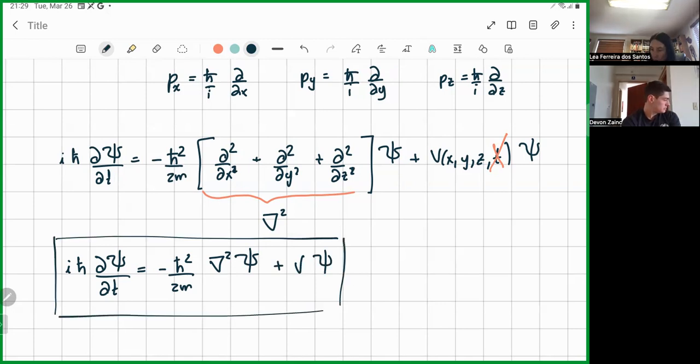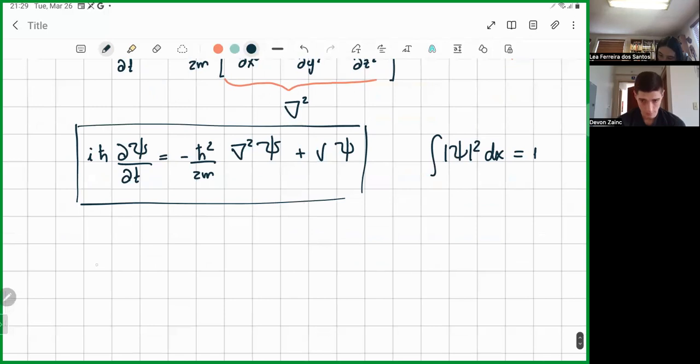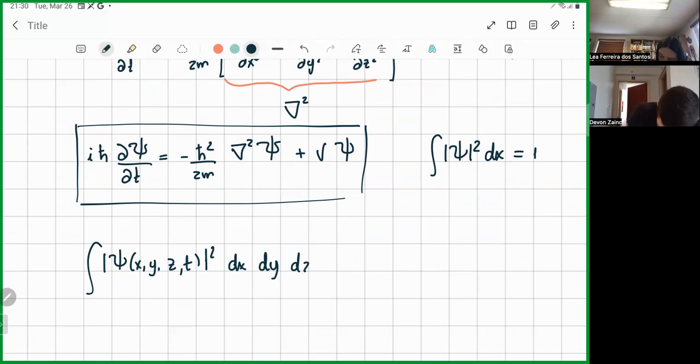Just as before, we are going to get rid of time, and to solve this problem, we'll use separation of variables. We are going to do this next, but let me just tell you something about normalization. How did we use to check normalization? By solving this. Well, now it's x, y, and z. So the integral in x, the integral in y, and the integral in z has to be 1.